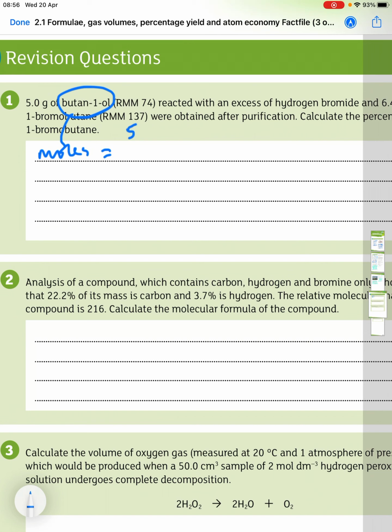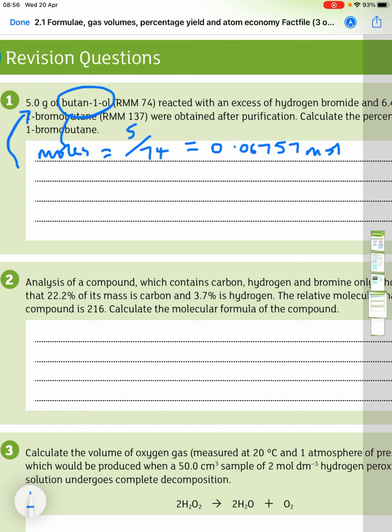So the number of moles of that is the mass divided by the formula mass, so 5 divided by 74, which gives us 0.06757 moles.